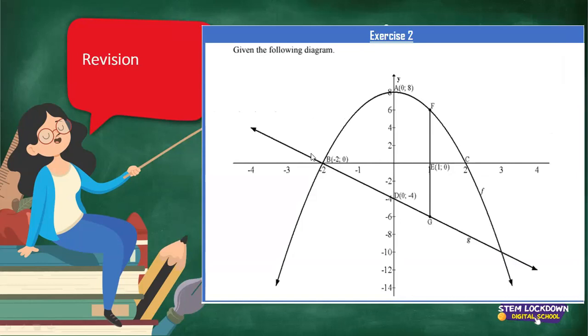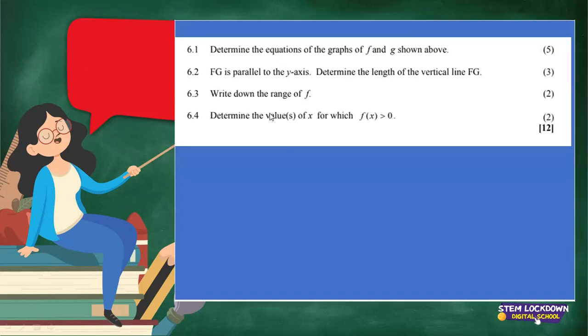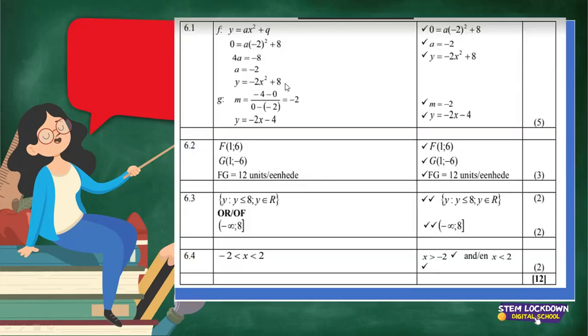So you have x minus 2 and x plus 2. When you multiply that, you're going to have x squared minus 4, and by the time you find the value of a, you're going to have minus 2x squared plus 8.